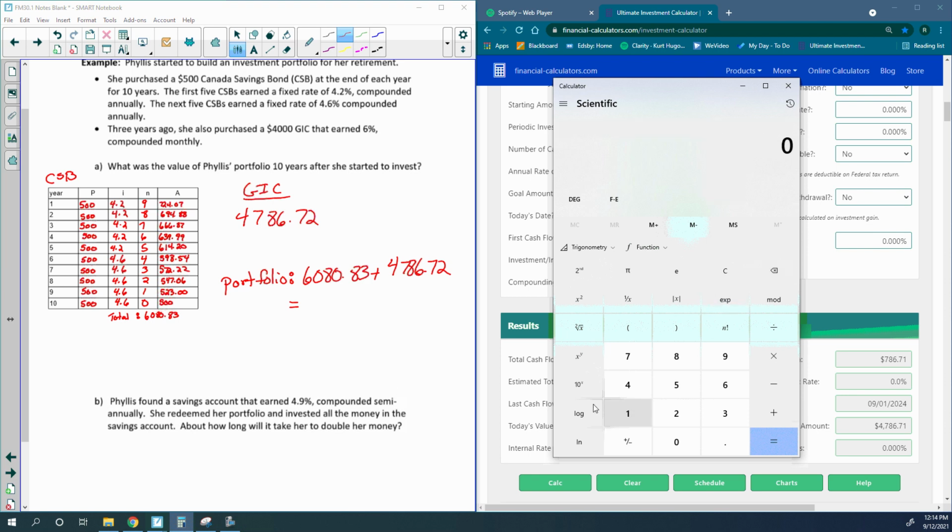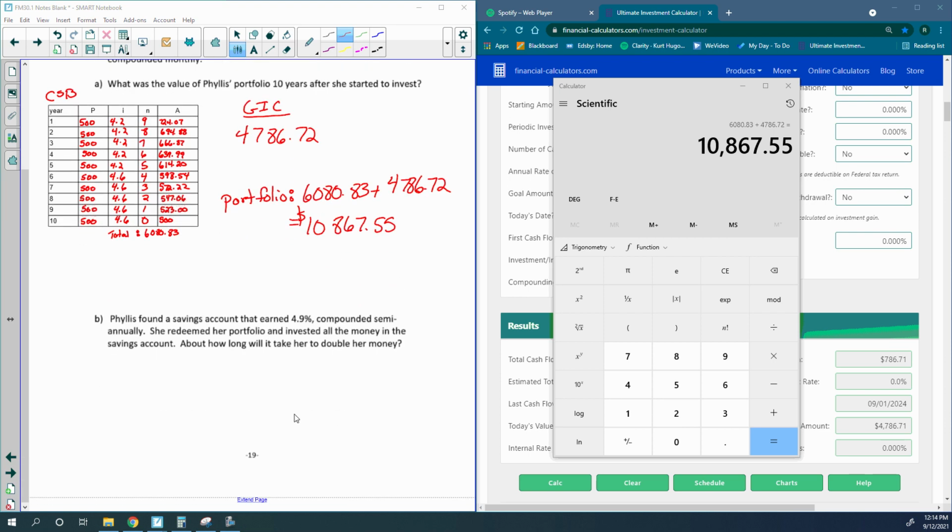So 6,080.83 plus 4,786.72 equals, so we got $10,867.55 will be what her portfolio is at the end of the 10 years.